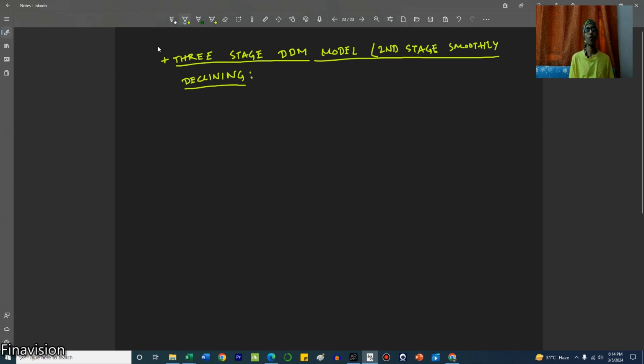Friends, now we will look at a three-stage dividend discount model, and particularly we will look at a case where the second stage is smoothly declining. Okay, so let's say from time 0 to 5, the growth rate G1 is equal to 20%.